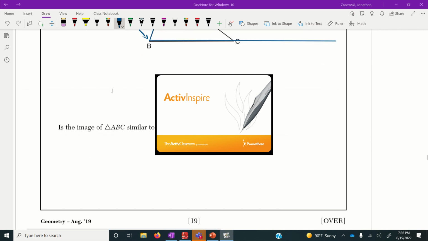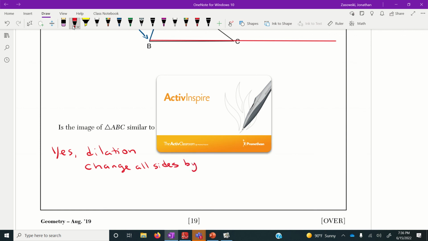So let's do the explanation first while this loads. So in the explanation, we're going to say yes, by the way. Okay, remember the dilation is going to change the side length. In this case, it's going to double them.